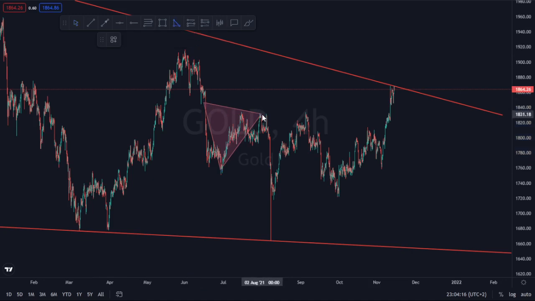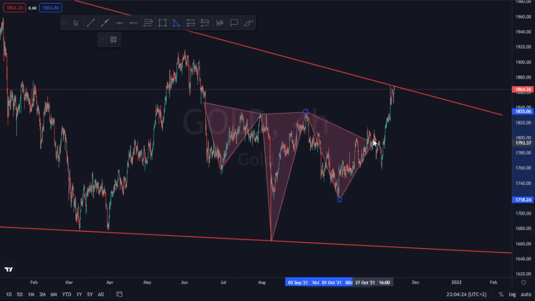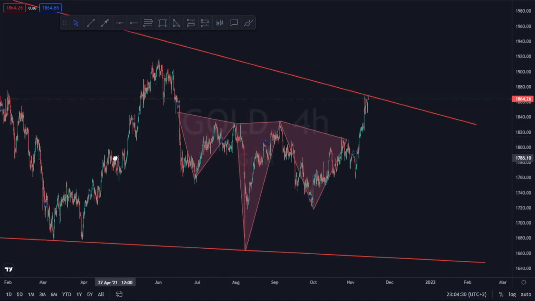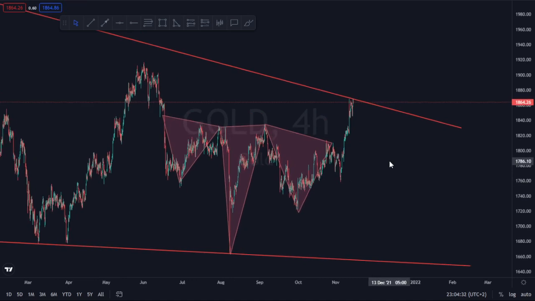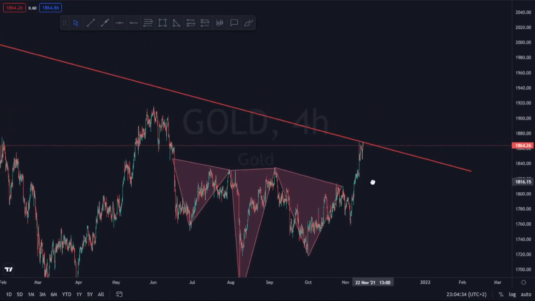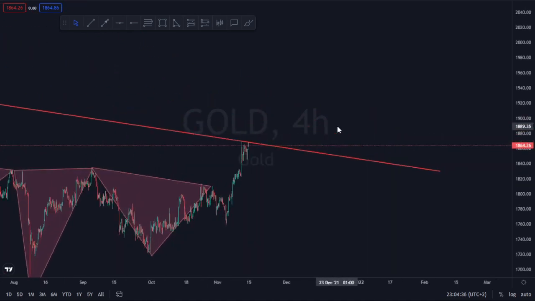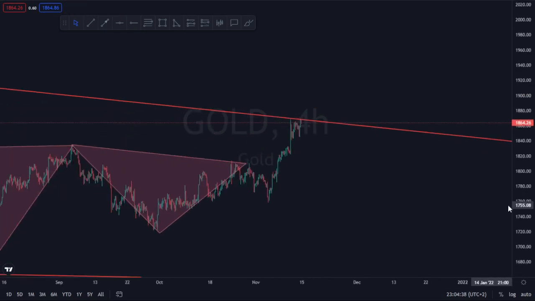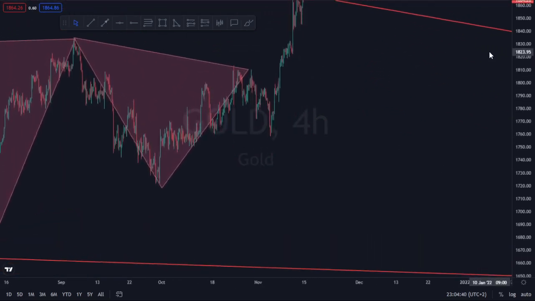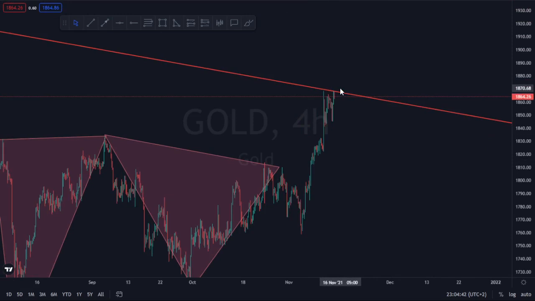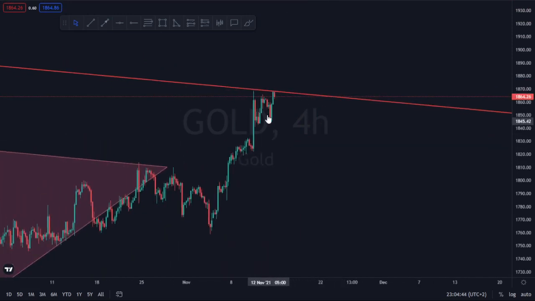Let's see, head and shoulders here, head and shoulders here, head and shoulders here, and this is at the low of the outer pattern. Let's see what's happening here.